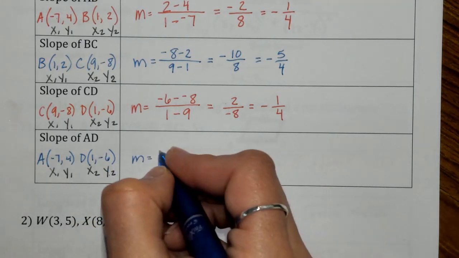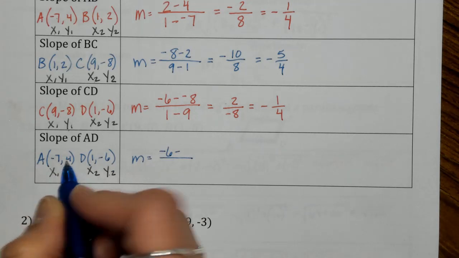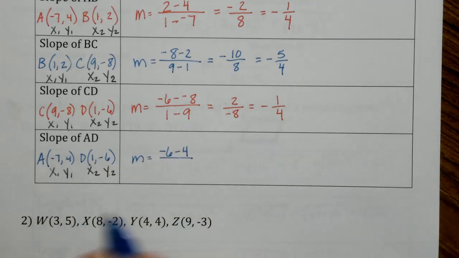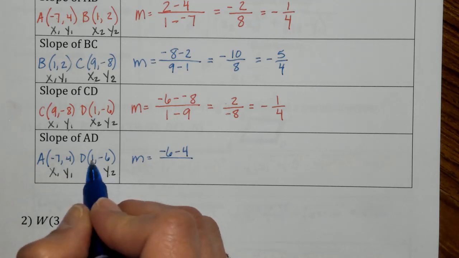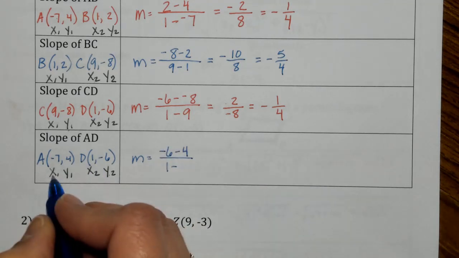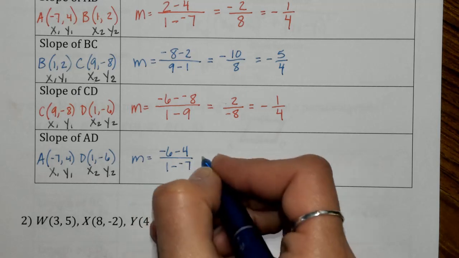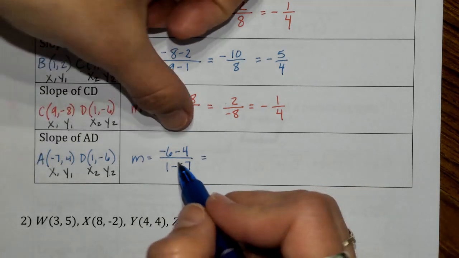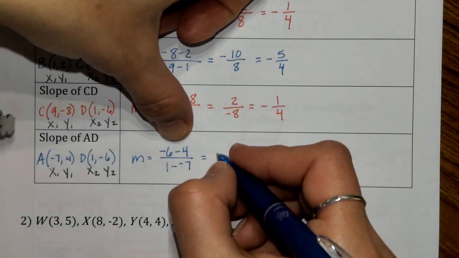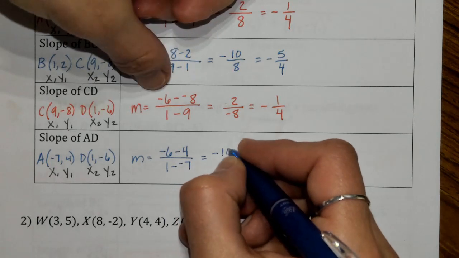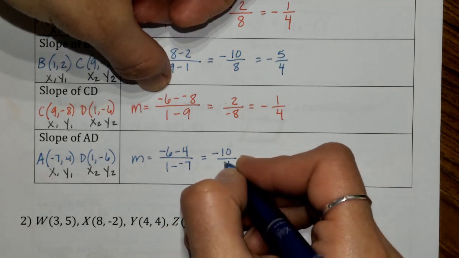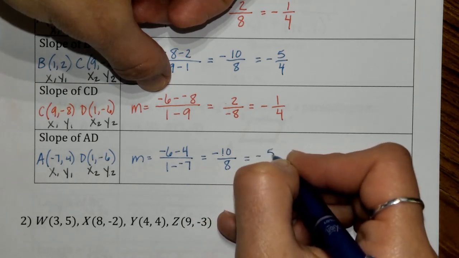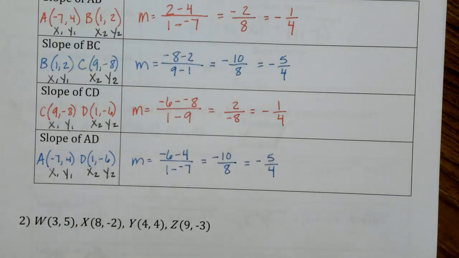Y2, negative 6, minus Y1, 4. In the denominator, we have X2, 1, minus X1, negative 7. In the numerator, negative 6 minus 4 is going to give you a negative 10. And the denominator, 1 minus negative 7, gives you a positive 8, simplifying down to negative 5/4.